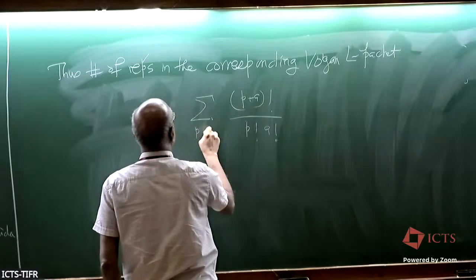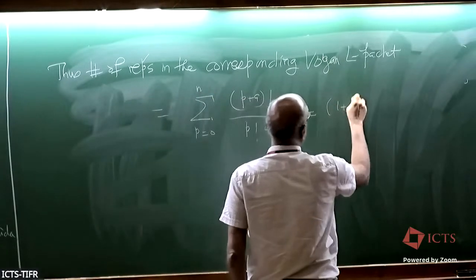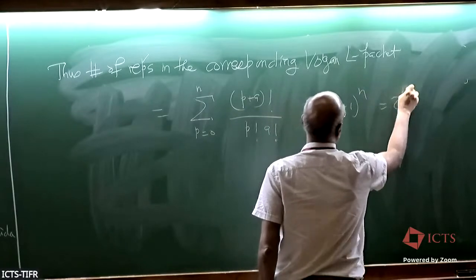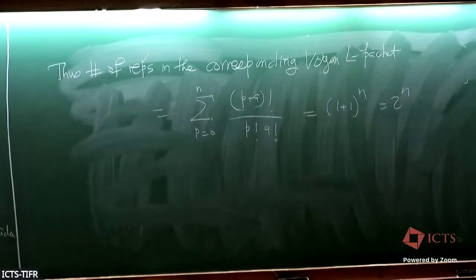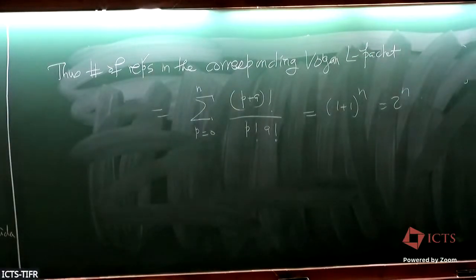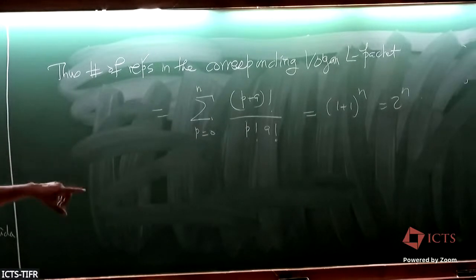Here p runs from 0 to n, and that is nothing but (1 plus 1) to the power n, which is 2 to the power n. And the refined local Langlands correspondence is saying that this set of representations is in bijective correspondence to characters of the component group.